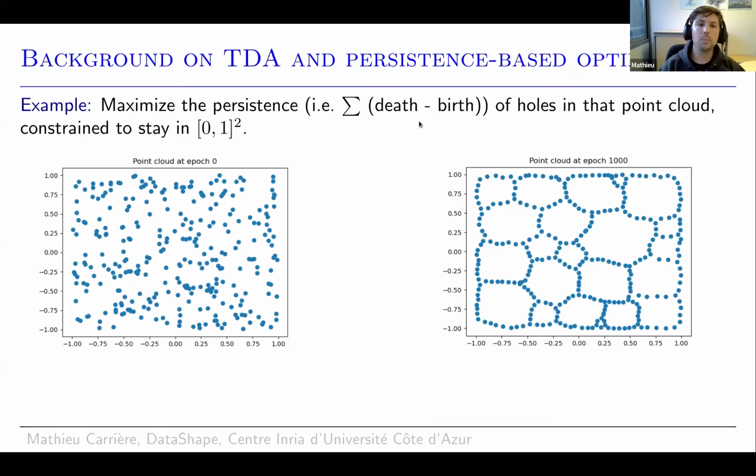And if you try to maximize this, which means trying to push all the points of the persistence diagram away from the diagonal, intuitively trying to maximize the sizes of the cycles in the point cloud, with some constraint that the points have to stay in the unit square, otherwise the cycle can increase infinitely. Well, this is what you get. This is an example of a local minimum of topological optimization on the point cloud using the Rips filtration. All right.